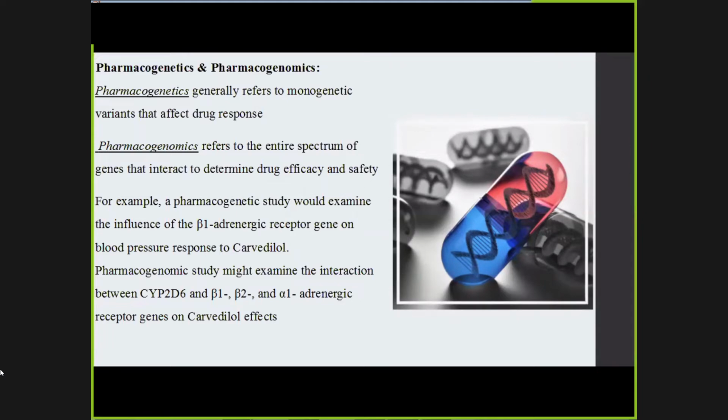Whereas pharmacogenomics refers to the entire spectrum of genes that interact and determine the drug efficacy or drug effect on our body. So the simple difference between these two terms is, in genetics, there is only one gene which is responsible for the alteration of drug effect, while in genomics, the entire spectrum of genes are responsible for drug efficacy and safety.